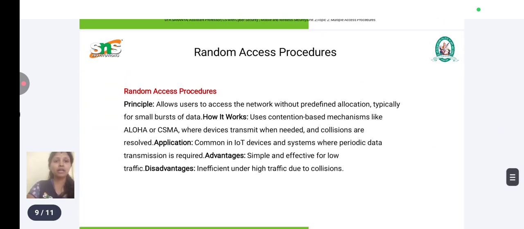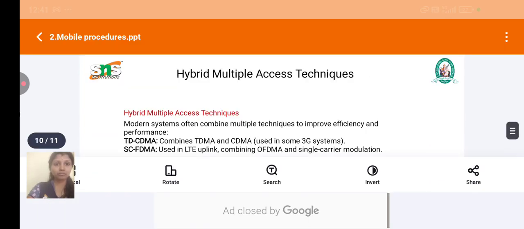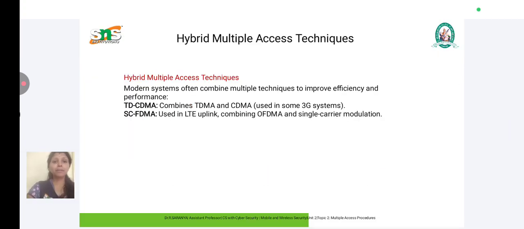Next, hybrid multiple access techniques. In the modern world, modern systems often combine multiple techniques in order to improve the efficiency as well as the performance of telephone usage. Here we are using two methodologies, like TD-CDMA as well as SC-FDMA.